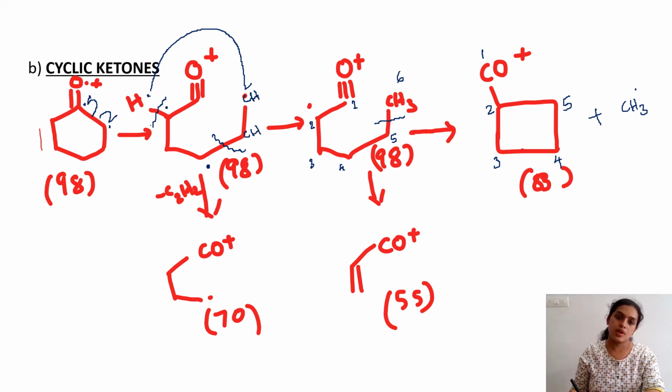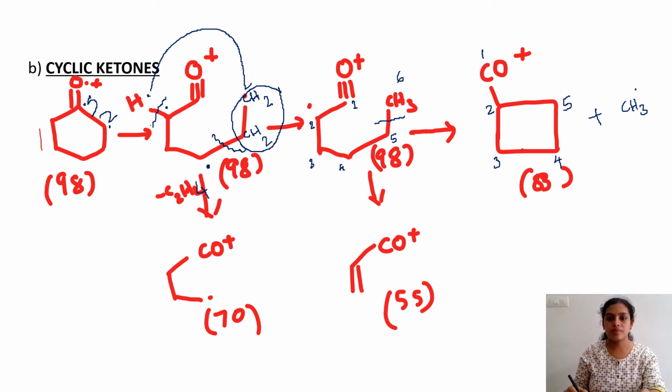Not acetylene, ethylene molecule. This was CH2 and this is also CH2, so CH2 double bond CH2, this much is expelled. C2H4 is expelled. It's not C2H2, sorry for the mistake. Now you will get a fragment like this, with dot and plus on different positions. So the m/z value is at 70.